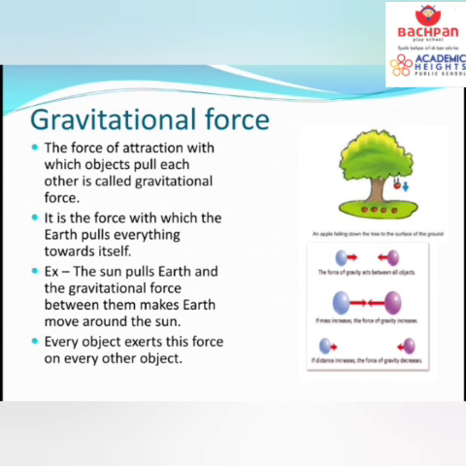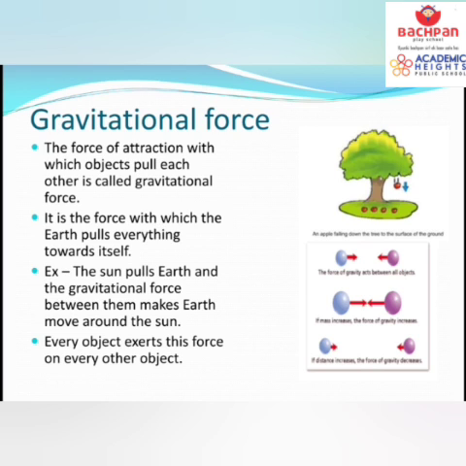When you throw a ball, the only force that makes it come down is gravitational force. When you throw something, what happens? It comes back down to you. So it is due to the gravitational force, and everything pulls each other in the universe.